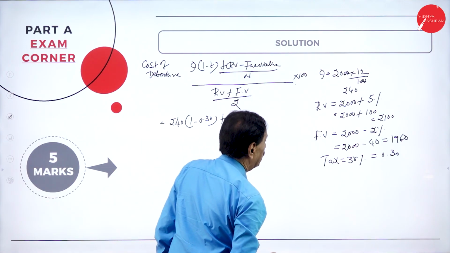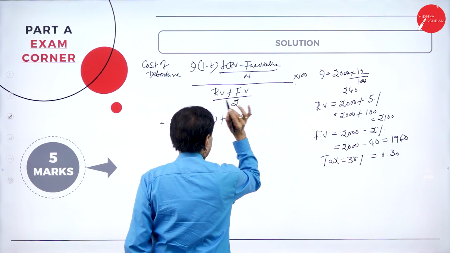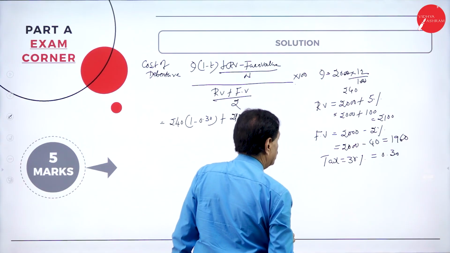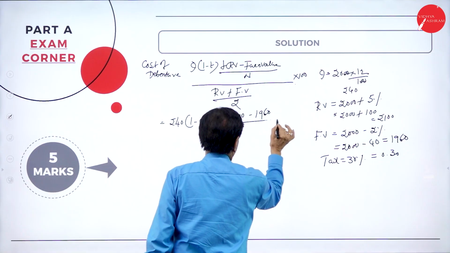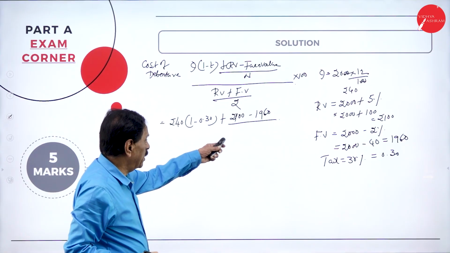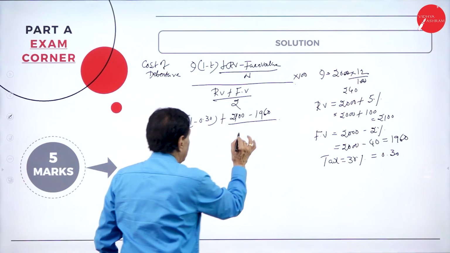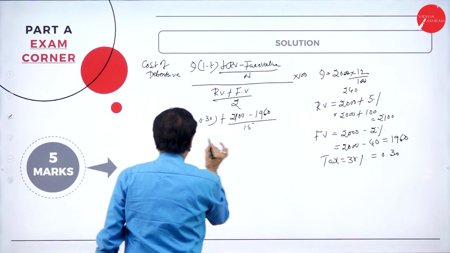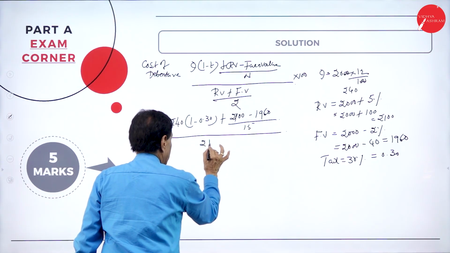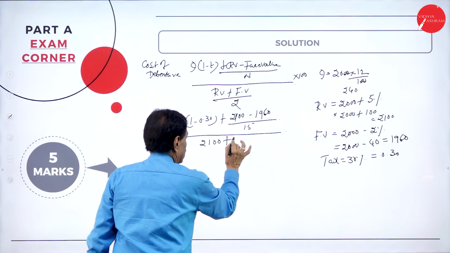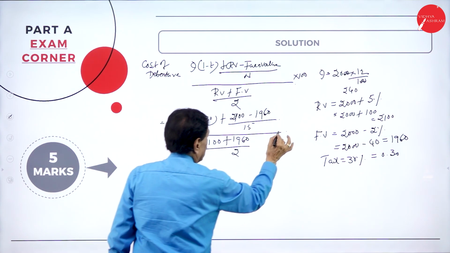What's your redeemable value? 2100, minus. What's your face value? 1,960. 2,100 minus 1,960. How many years are there? 15 years. Divided by 2,100 plus 1,960 divided by 2, into 100.